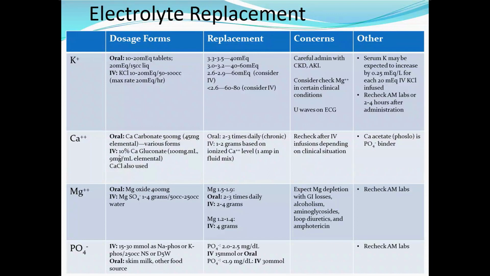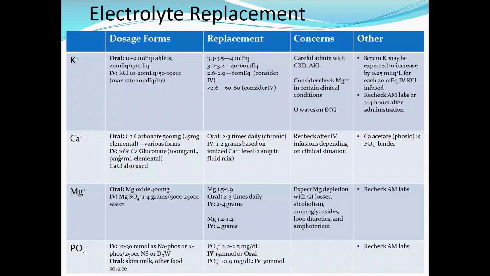And if it's as a push, then it needs to be a slow push through a central access. Similarly, just recheck it as often as you clinically feel like you need to, based on how low it was to start with and how much you're giving. As with potassium, if you're treating hypocalcemia, think about the magnesium and look for any concurrent depletions.